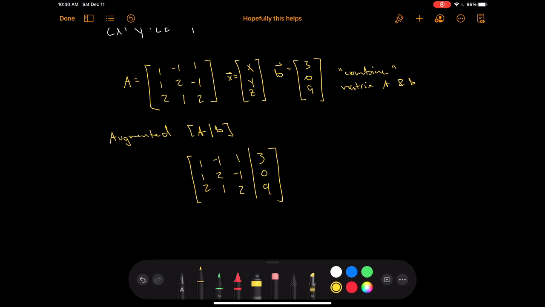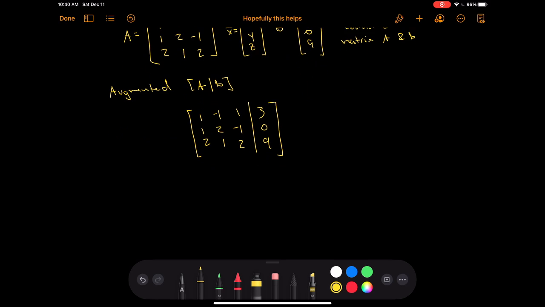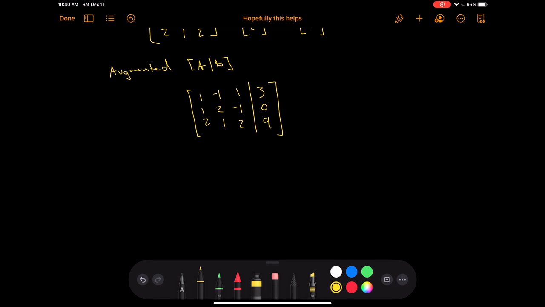The simplest matrix that we can get would be a diagonal matrix of just ones. So this is the ideal case in which when we do row reduced echelon form, we get this.